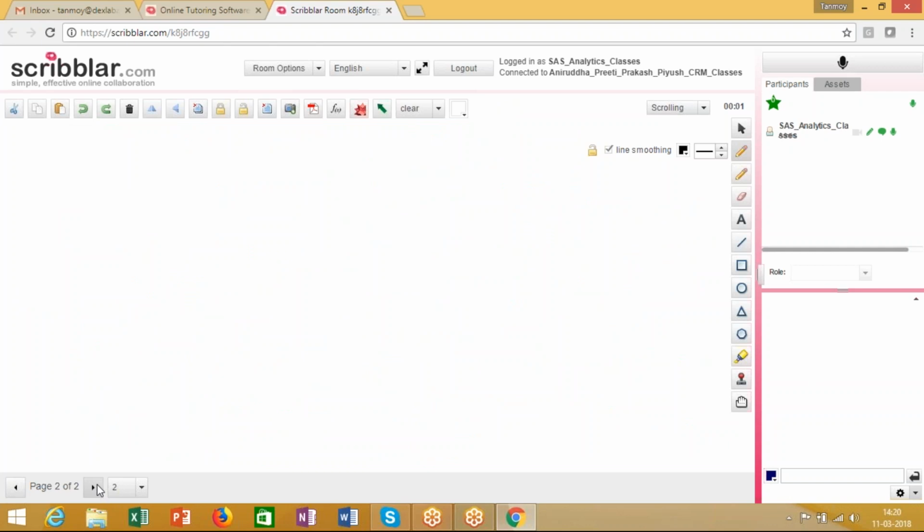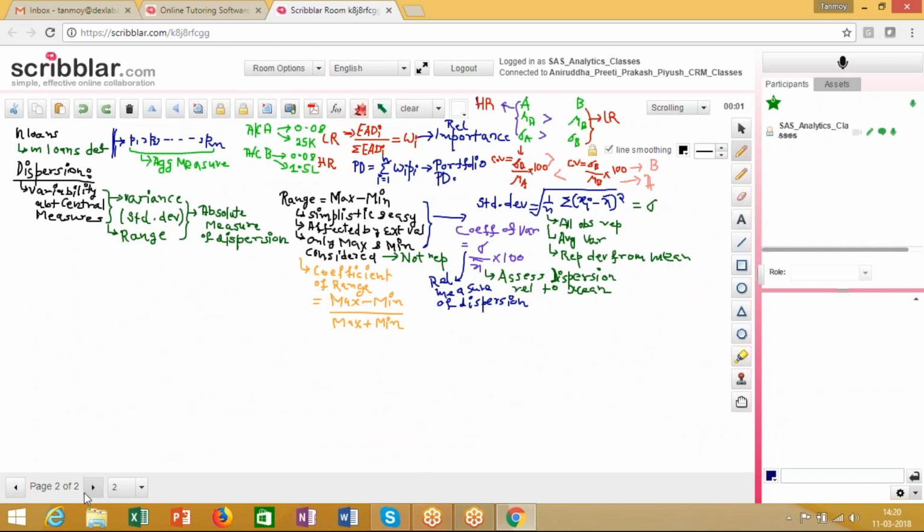Having talked about the major measures of central tendency and the measures of dispersion, right? We saw that broadly we have the absolute measures of central tendency, the absolute measures of dispersion, as well as relative measures of central tendency and relative measures of dispersion, right?